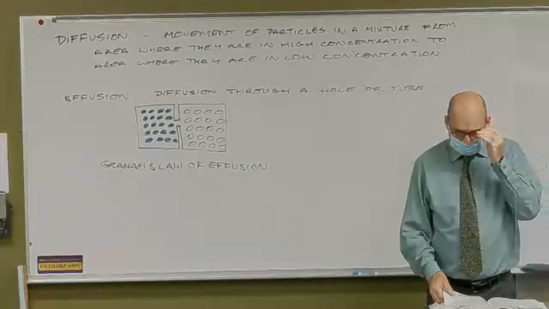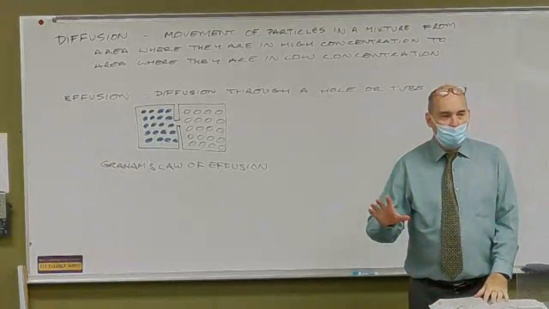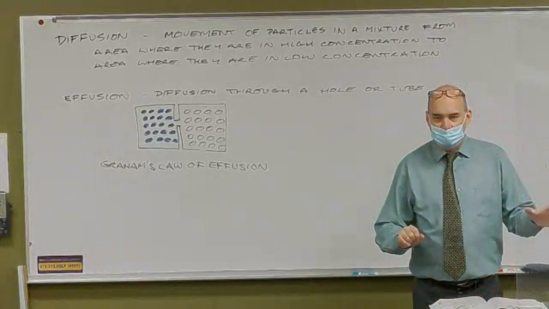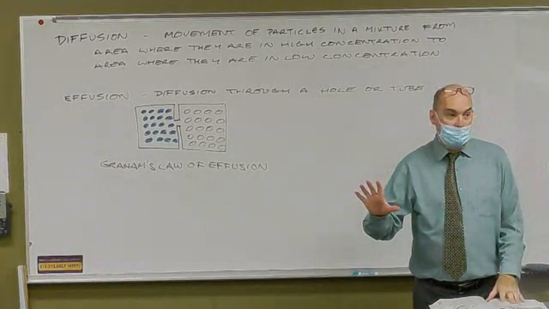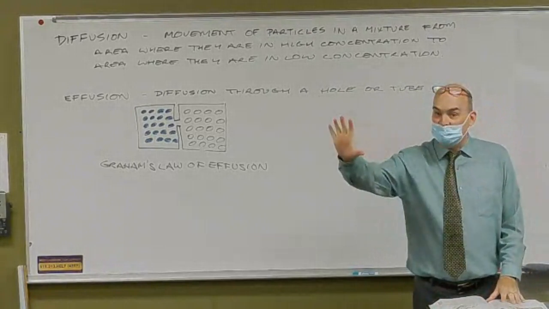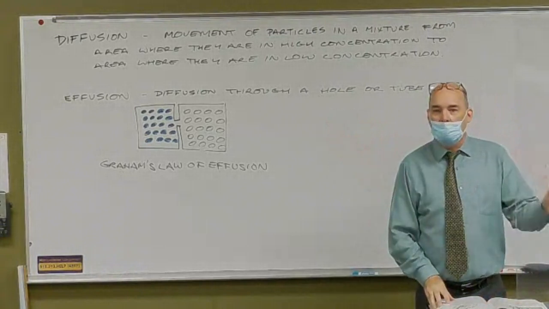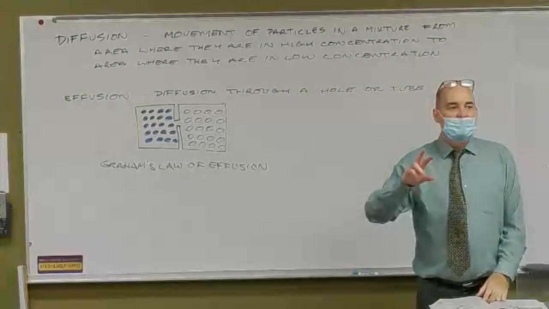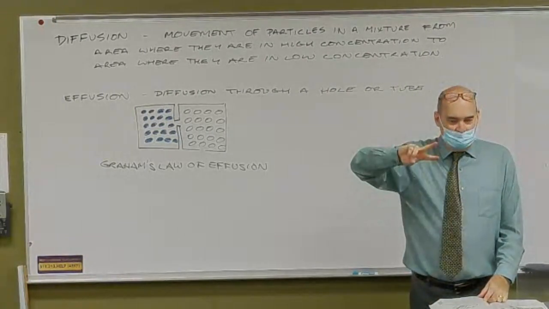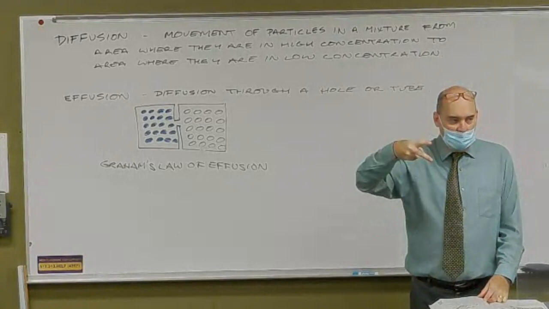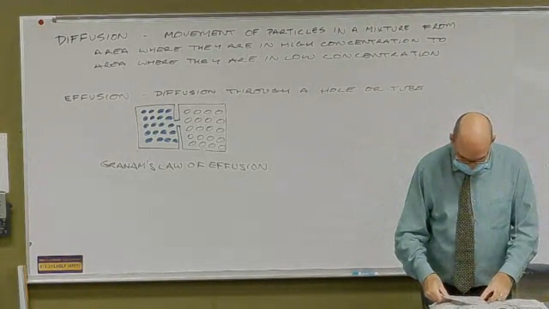So when you see Graham's law of diffusion, it can either be written as time or it can be written as a rate. Rates are the inverse of time. Time's going to be in seconds. Rates are going to be in something per second. So when you see Graham's law of diffusion, it can either be written this way or that way. Okay, so I'm going to look in the book and see which one it gives us.